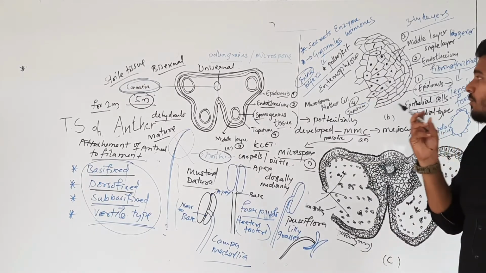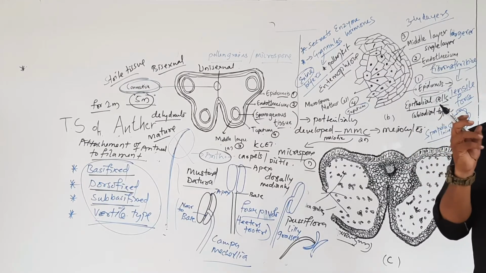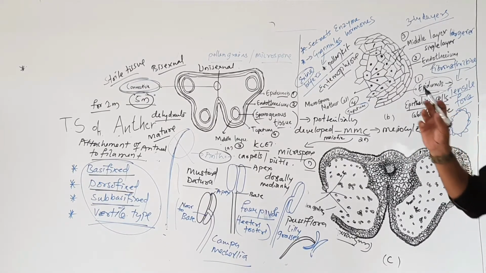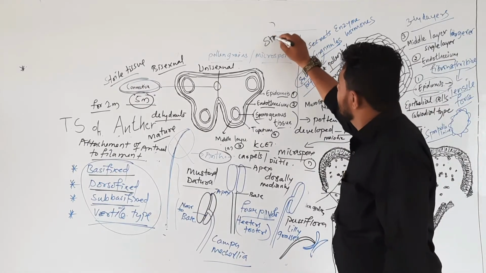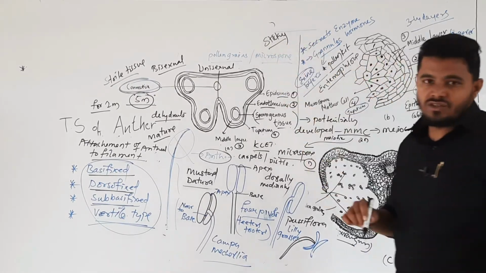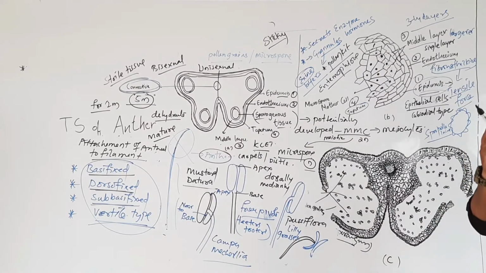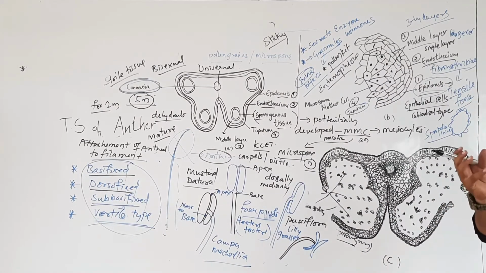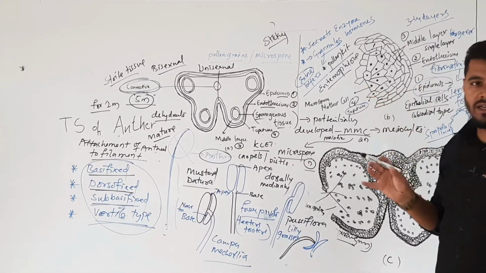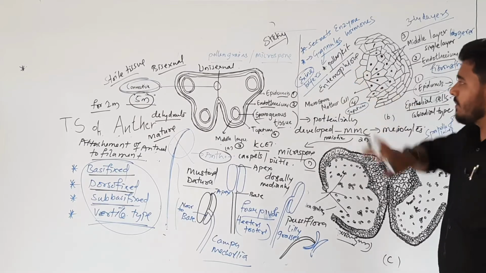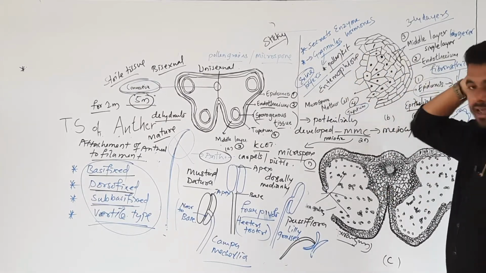So there are properties of the pollen grains which are transferred through insects. Those pollen grains have to be sticky in nature. Pollen kit is a sticky substance, a sticky coat which is present on the pollen grains. That sticky coat in entomophilous plants is produced by the tapetum.